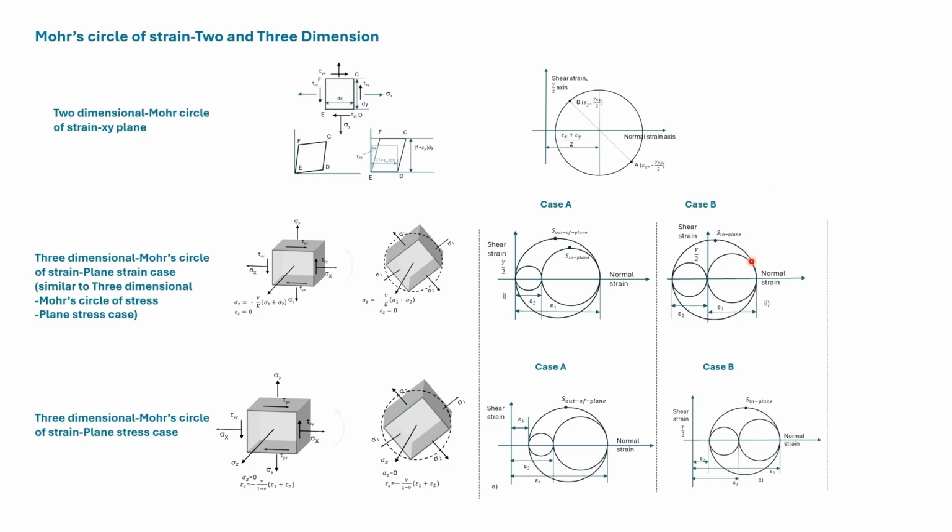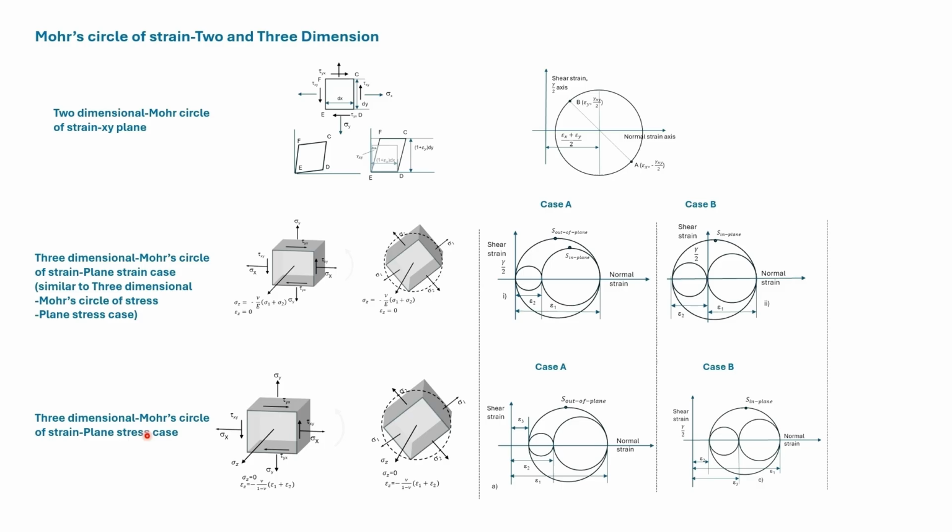With case B, this is the xy plane Mohr circle of strain. The absolute maximum shear strain is the maximum in-plane shear strain of this case. The in-plane Mohr circle of strain crosses the shear strain axis.